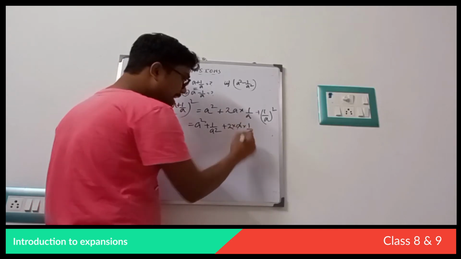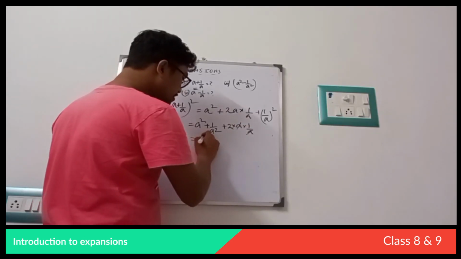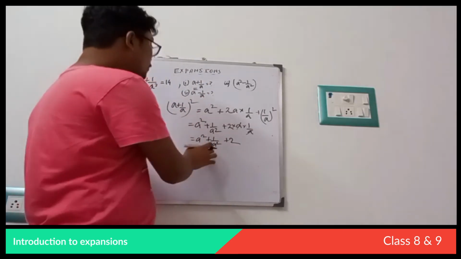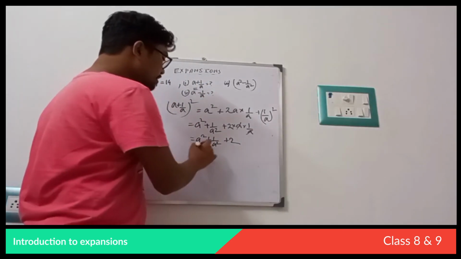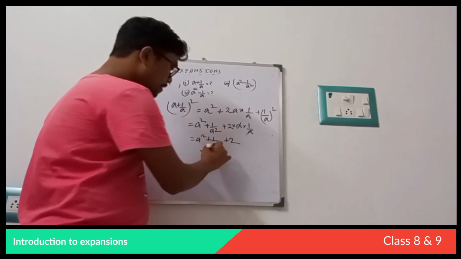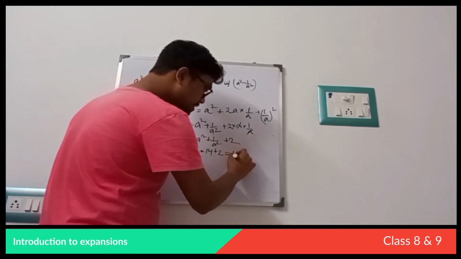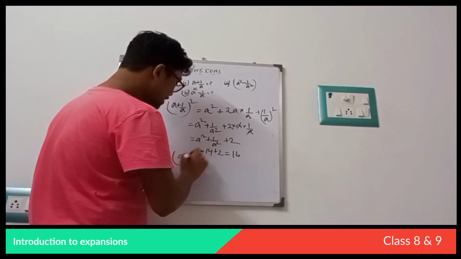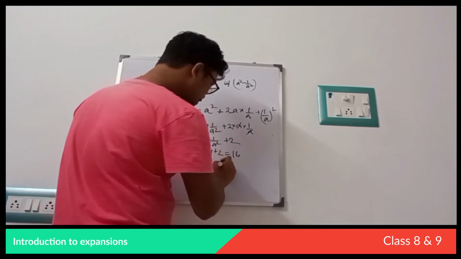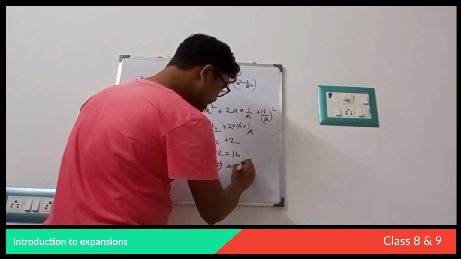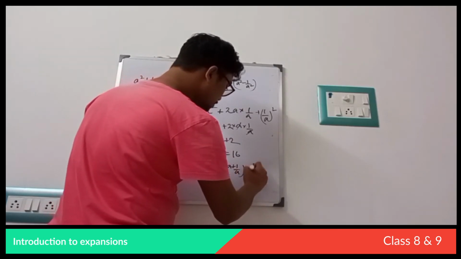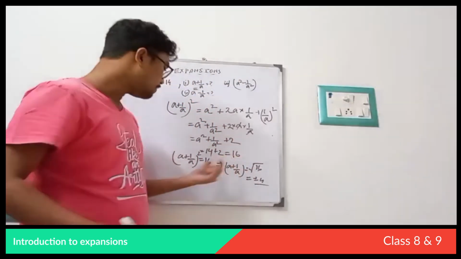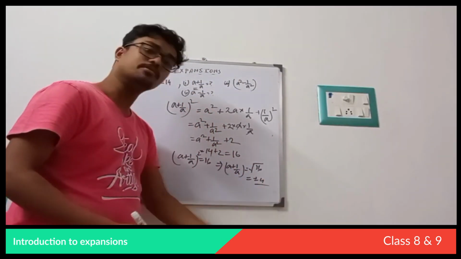Now a cancel, so we have a square plus 1 by a square plus 2. Now what is the value of a square plus 1 by a square? That is 14. We add 2, then we will get 16. So a plus 1 by a whole square equal to 16. So a plus 1 by a equal to root 16, that's equal to plus minus 4.